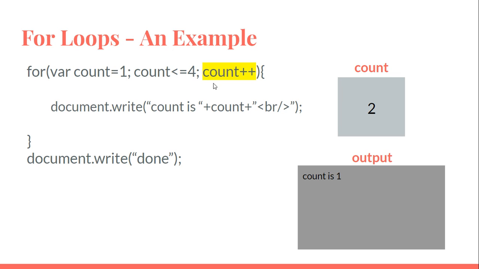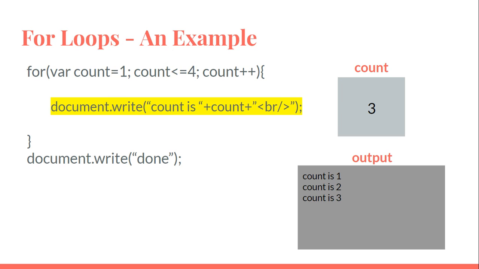After the initial start of the loop, this piece of the loop is done. And we go condition, body, alteration, condition, body, alteration. So after this alteration, we go back, we check the condition again. 2 is less than or equal to 4. So we get output and we increment again. Count is now 3. 3 is less than or equal to 4.